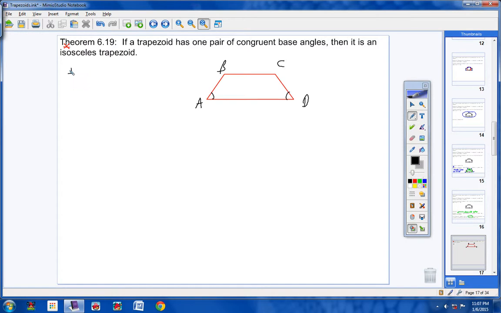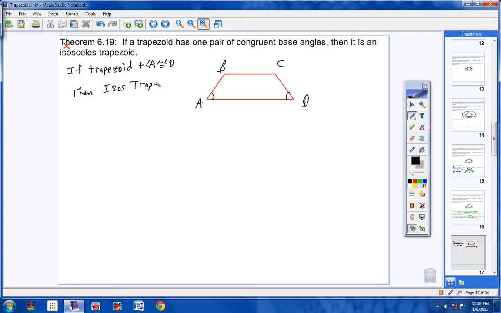So if I have a trapezoid and angle A is congruent to angle D, then I have an isosceles trapezoid.